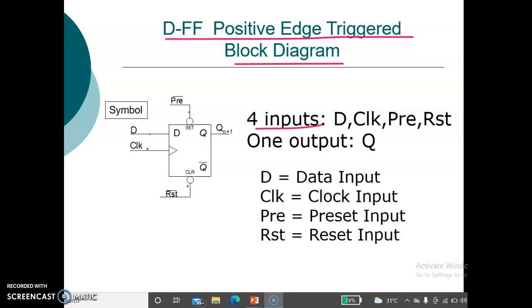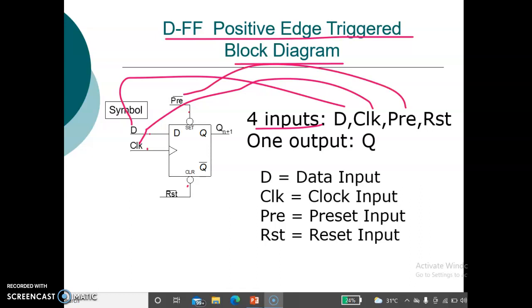That is D input, and then clock here, and then preset here, reset here, one output.